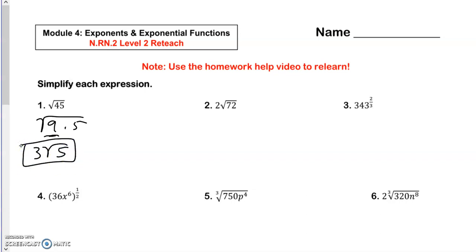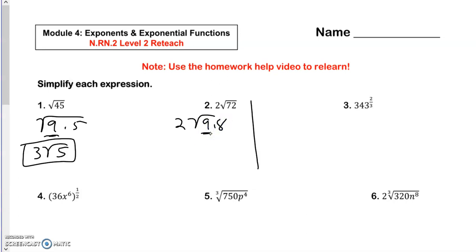Now, taking a look at this one, I need to find the biggest, not the smallest, the biggest perfect square. So I'd start on the bottom. Now, there's 2 ways of doing this, and I'm going to show you. If I start with 1, never do 1, go to 4, and then I could do 9 times 8.